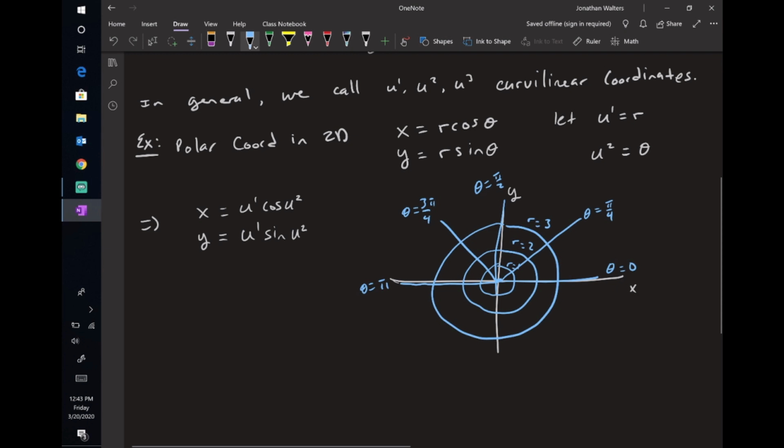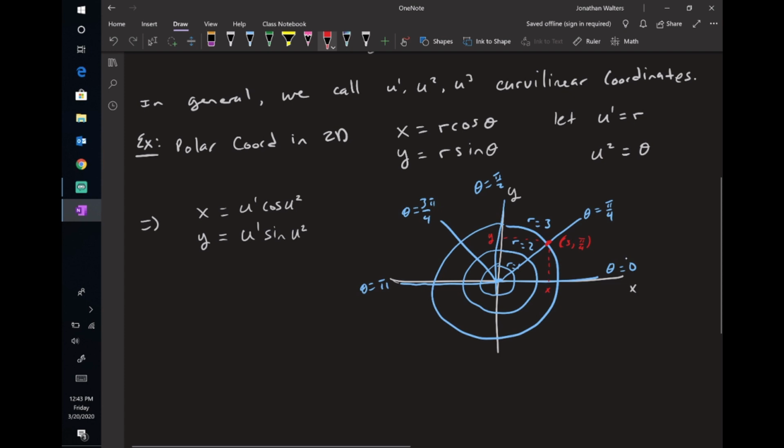So it's just the same two-dimensional space. We're using different coordinates to describe it though. This point right here would be the point r equals 3, theta equals pi over 4. Whereas in xy coordinates, it'd be 3 cosine theta and 3 sine theta for the xy values. Kind of like we did previously with the rotated Cartesian coordinate system.